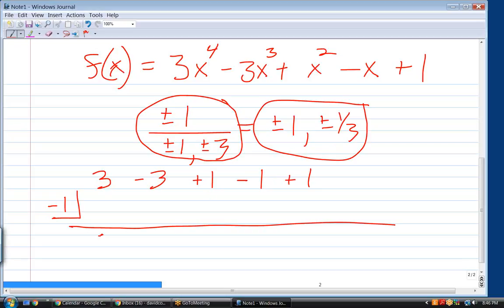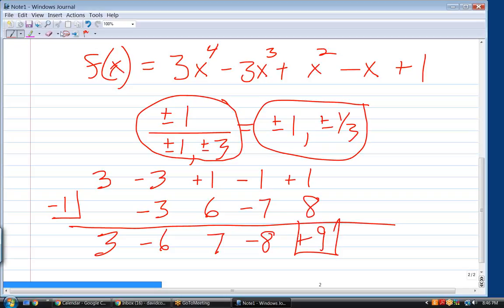Okay, so let's try this one. I'll drop that down there. That becomes minus 3. That becomes minus 6. That becomes 6. Becomes 7. It doesn't look like this is going to be it either. No. So that's not 0 either.